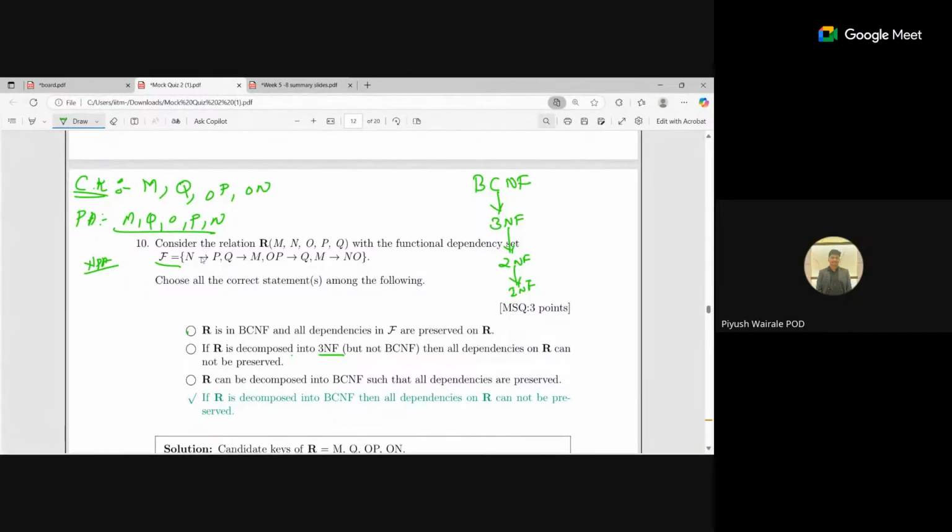So this is in 2NF. Even though P is a subset of a candidate key, P is basically a prime attribute here, so that is fine. What about 3NF? Yes, because everything on the RHS is a prime attribute. So it is in 3NF also.